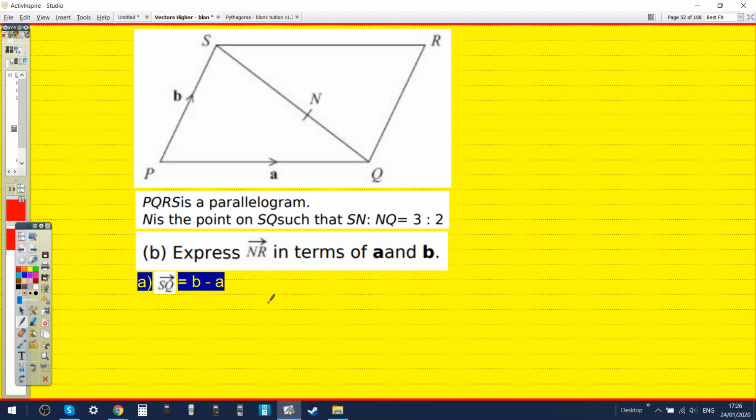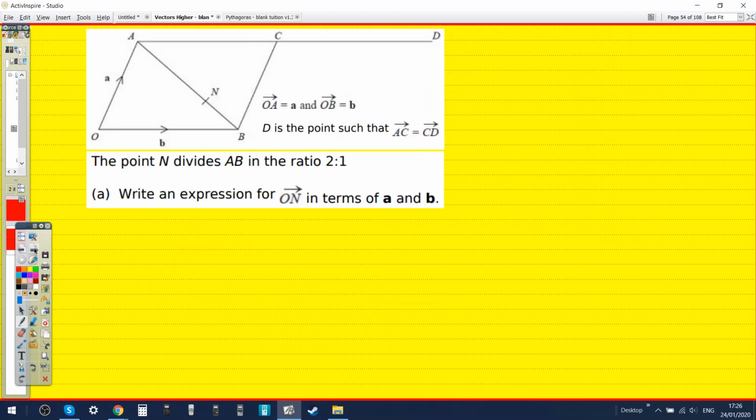Okay, so 2/5 of open brackets b minus a plus B. Yep, I think you'll be fine for the rest of that. I think you'll be there.